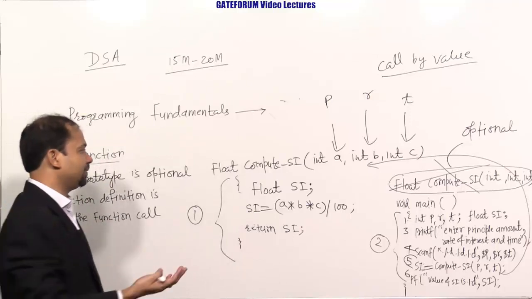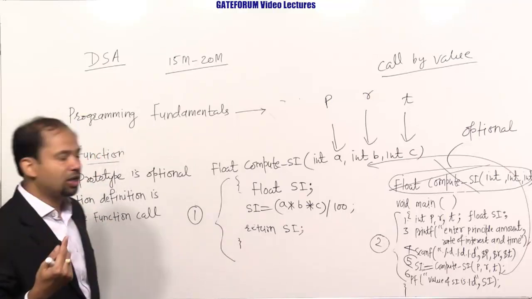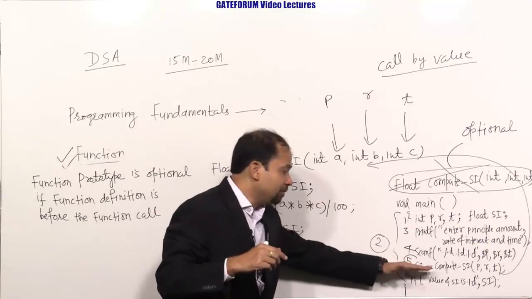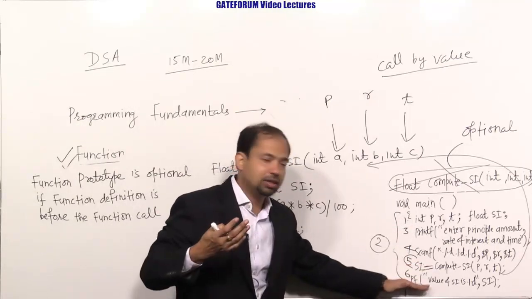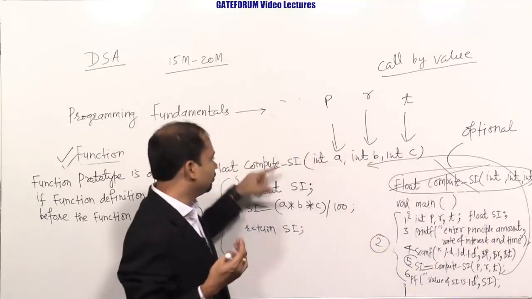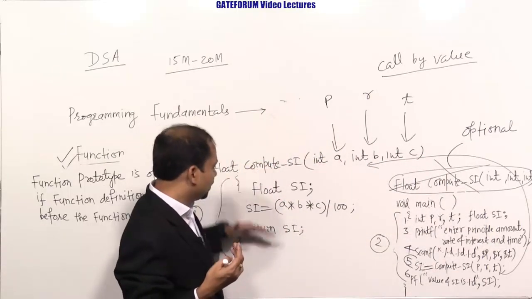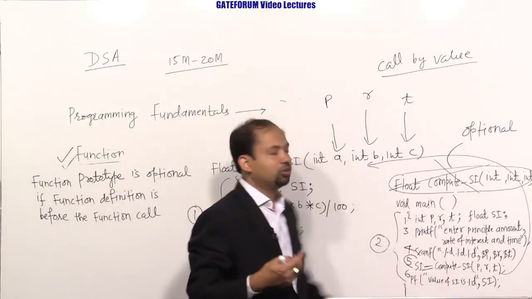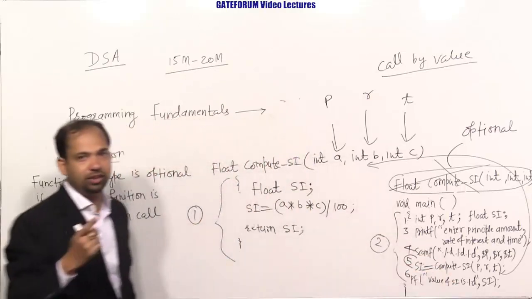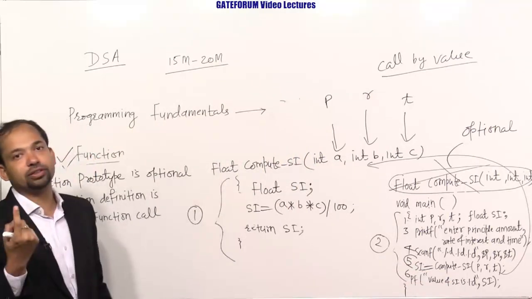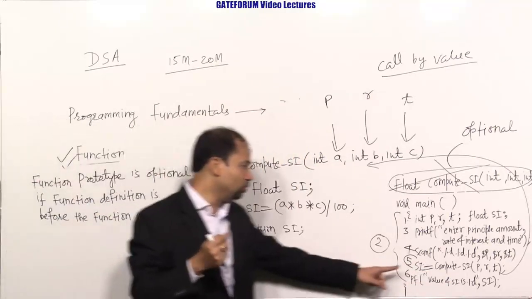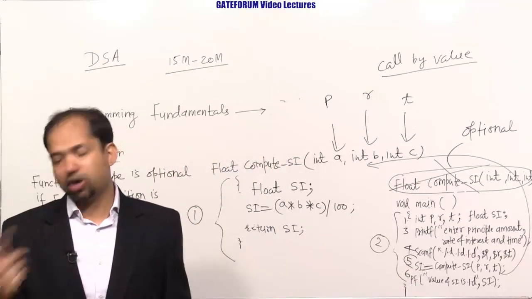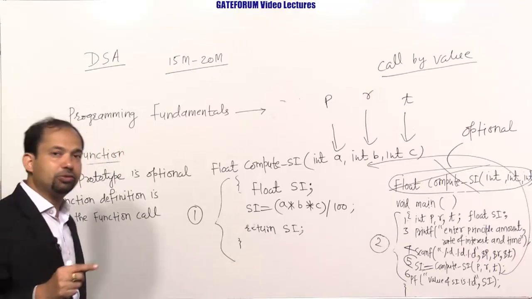Just for your revision, if there is a function call in the body of execution of a program, the statement below it will get skipped first, and control will go to the body of the function. When the function is computed completely, it will come back to the calling function. So here main is the calling function and compute SI is the called function, because main is calling the compute underscore SI function. So we call main the calling function, and who is going to be called?